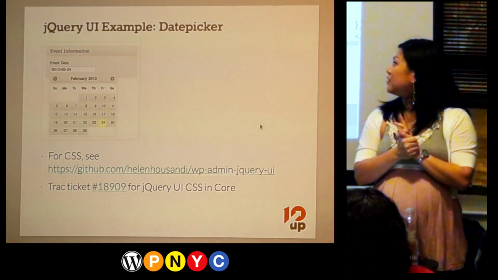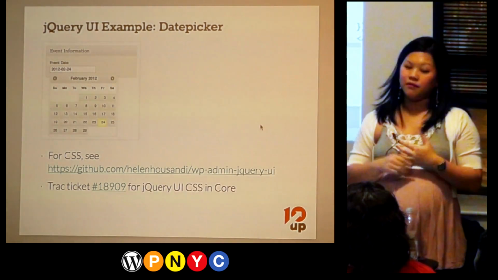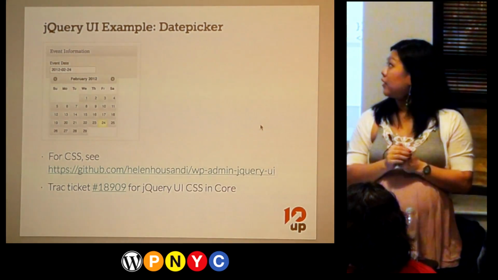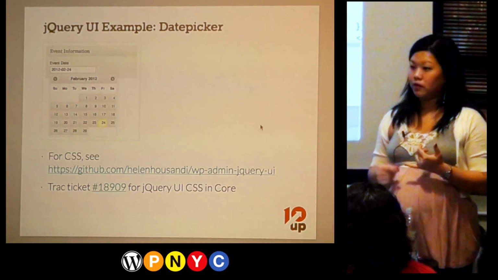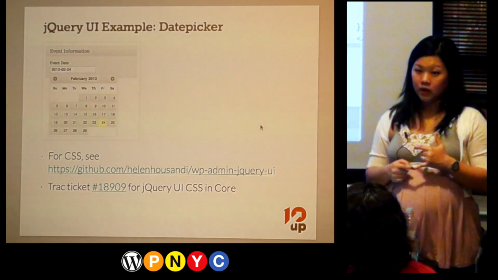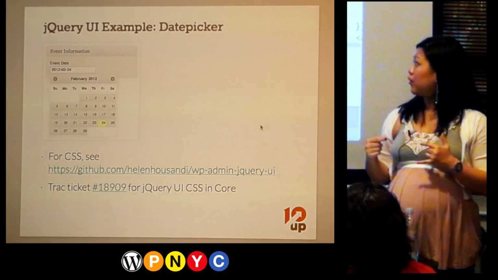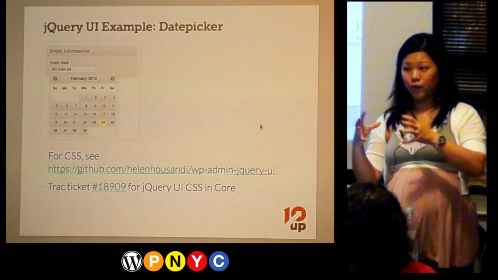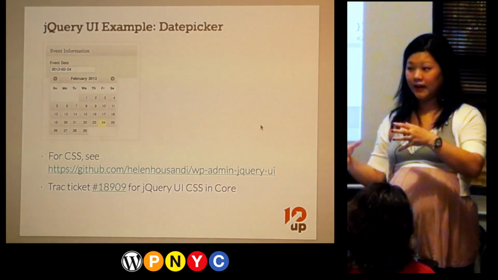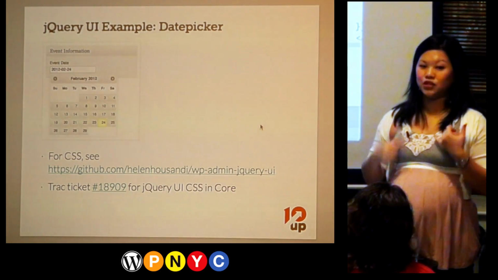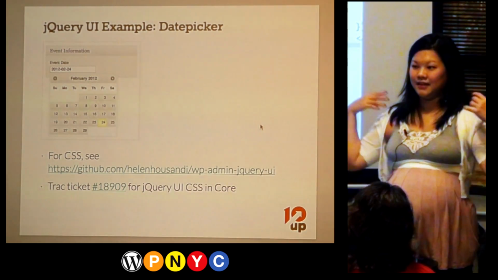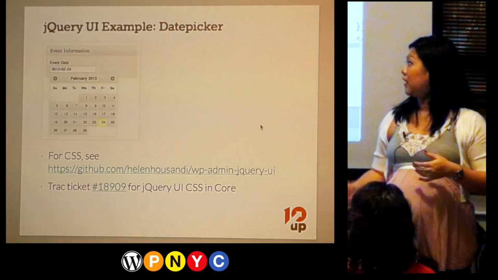Another thing, this was just a quick example of the Datepicker for jQuery UI. So all jQuery UI components are available and registered in core. So you don't have to download jQuery UI's JS files and include them. What core doesn't include is CSS. So without the CSS, it doesn't look like anything, or it looks like total garbage.